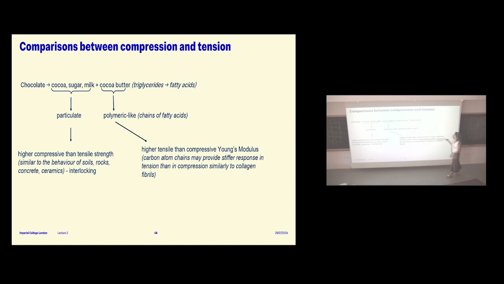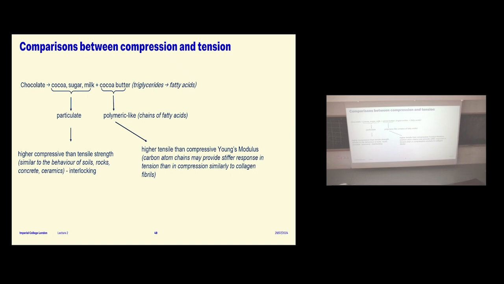Whereas the higher tensile than compressive Young's modulus, even though it wasn't such a big effect as this one, we think it's down to the cocoa butter, and the chains may provide a stiffer response in tension than in compression. So that's why we think you show these two behaviors.